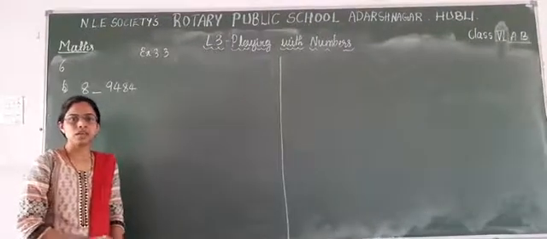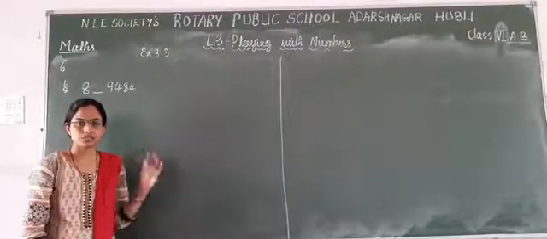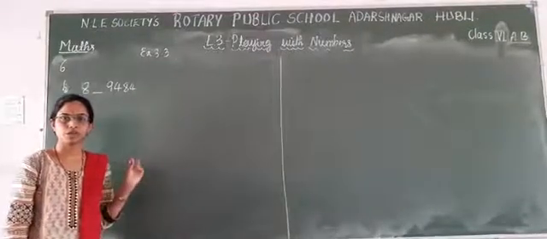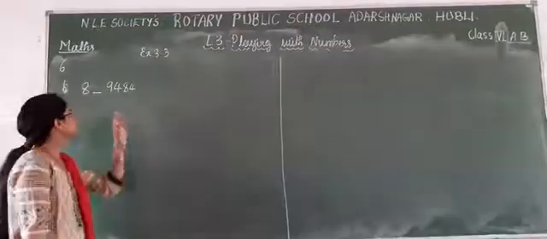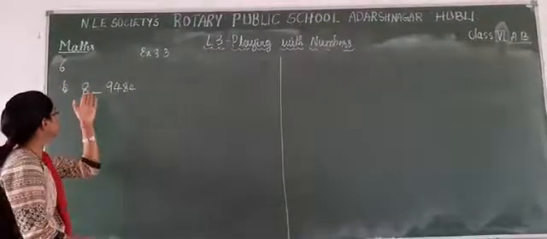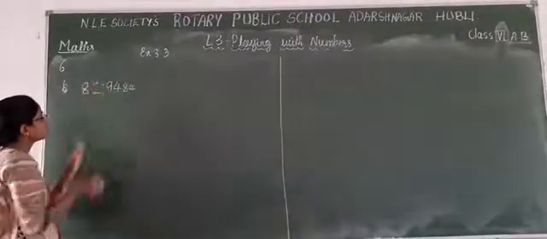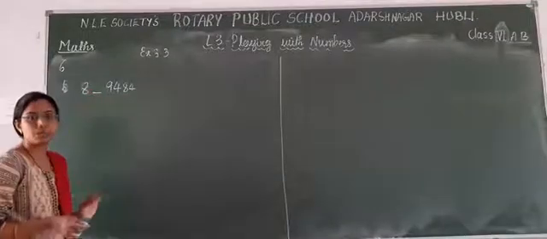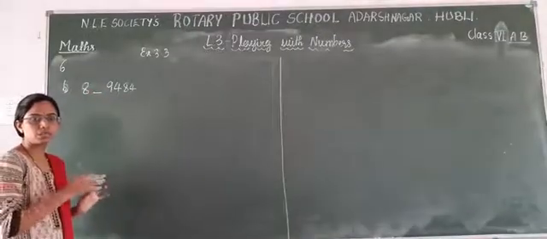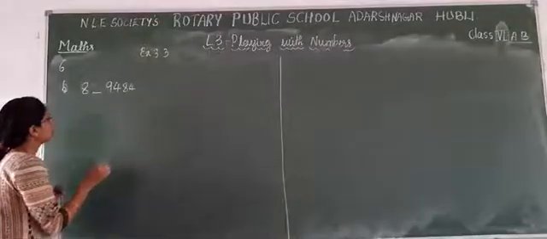Write the digit in the blank space so that the number formed is divisible by 11. That is the sixth question. So here we should write one digit so that this number becomes divisible by 11. How are we going to write it?